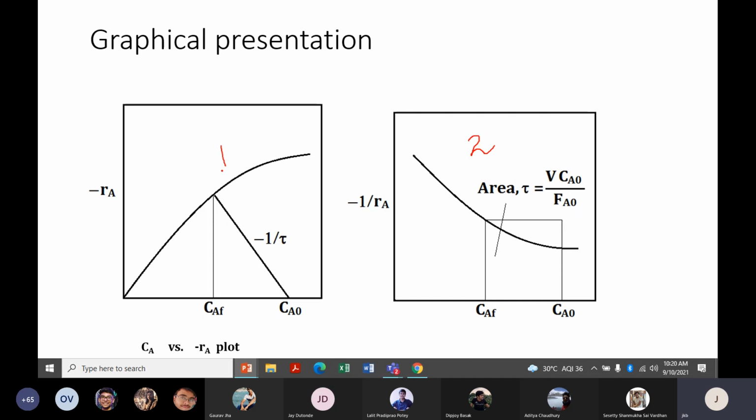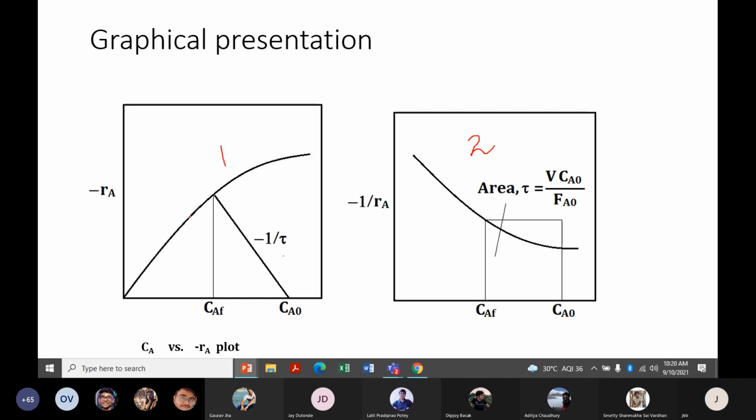The first type of curve is used for finding the operating condition. If tau is specified, the initial concentration is known and the rate equation is also known, we can plot.